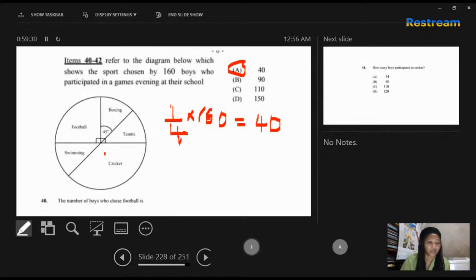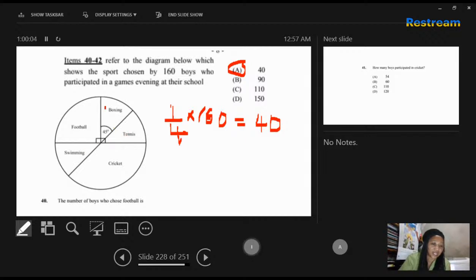So cricket would be here. 90 plus 90 plus 45 for cricket. Miss, I'm trying to figure out the percentage that cricket takes up.